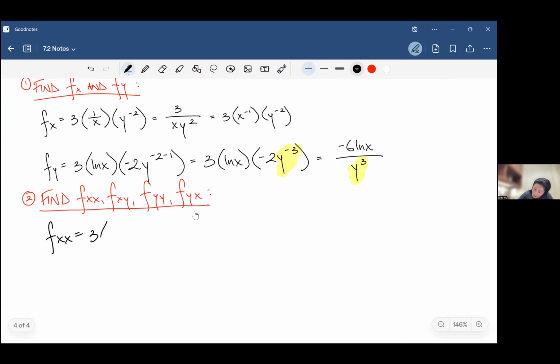So 3 times negative 1x to the negative 1 minus 1 times y to the negative 2, which is going to be the same as negative 3 over x squared y squared. Again, the terms with the negative exponent get moved to the bottom, but a negative number by itself doesn't get moved.